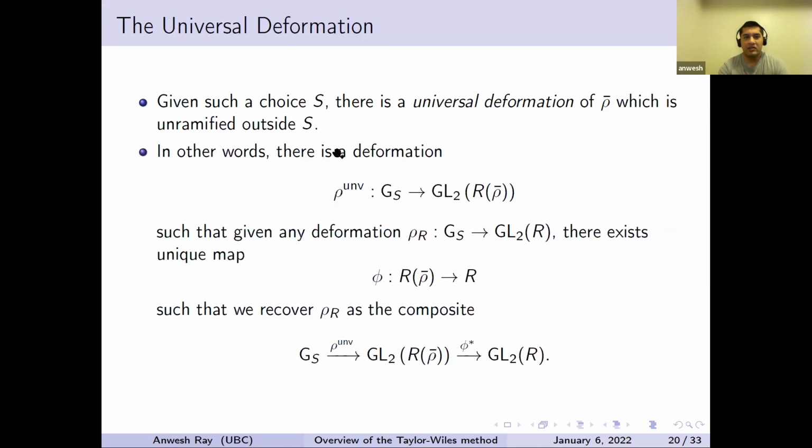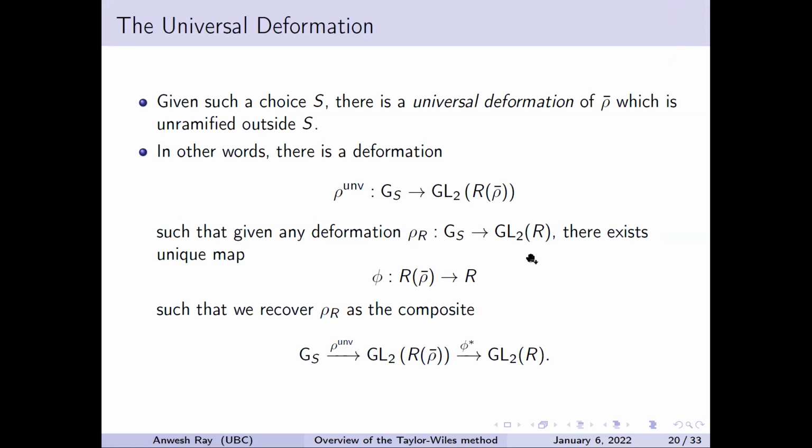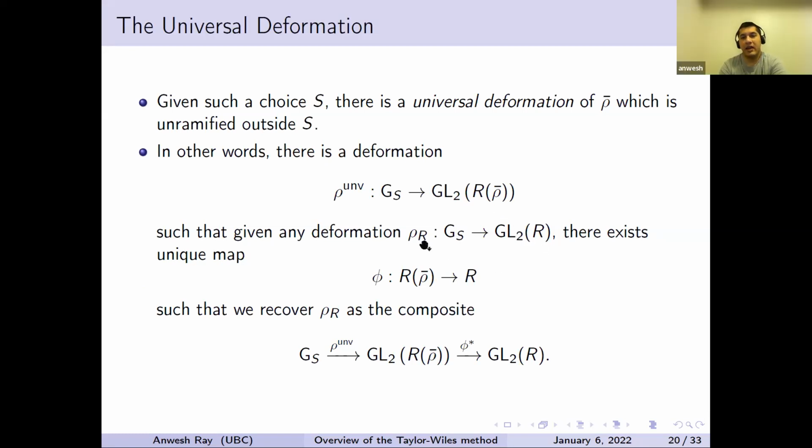Once we fix S, we get a universal deformation. What this means is that we have a homomorphism from G_S to GL2 of R_rho-bar, where R_rho-bar is a coefficient ring such that if I take any other deformation, it arises from specialization. Any other deformation rho_R arises from this universal deformation.